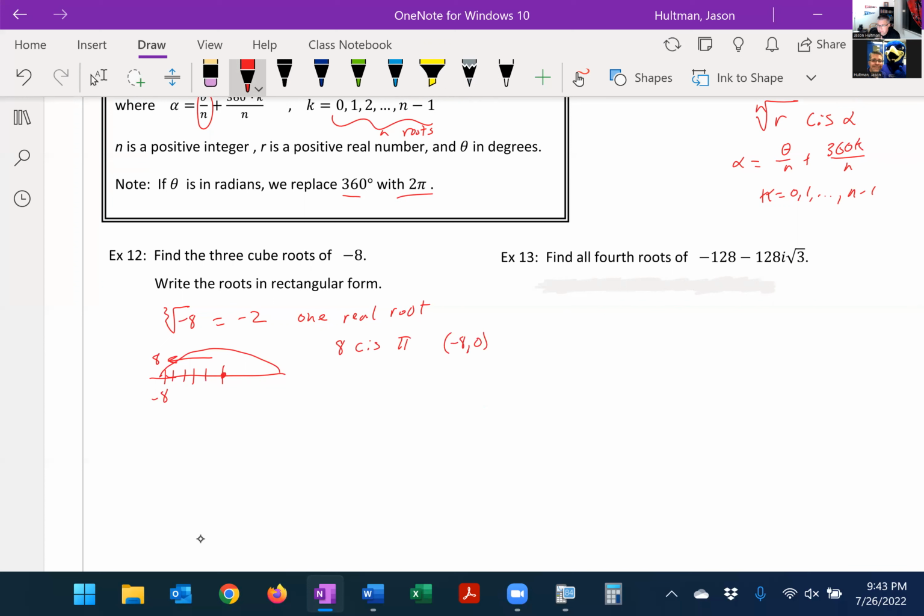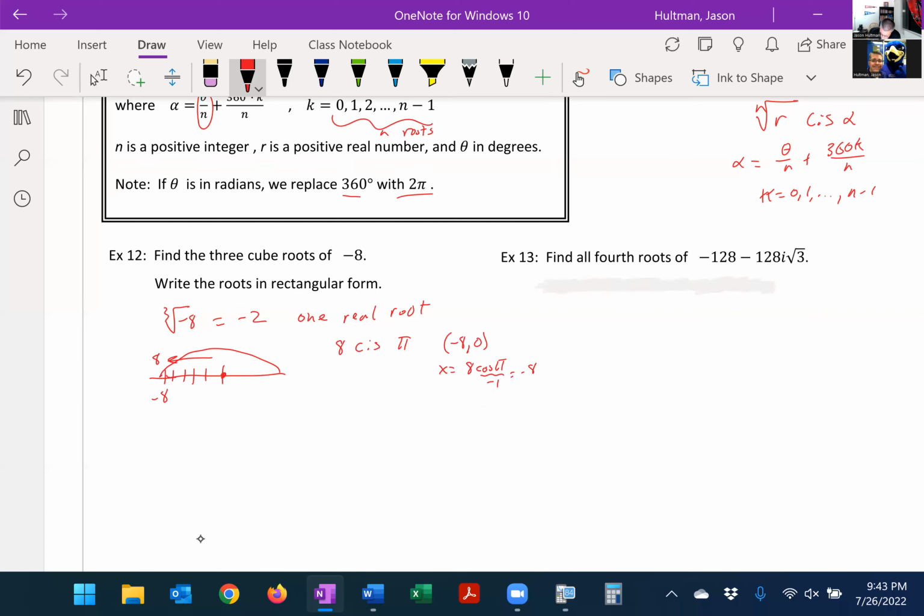If I were to plug that in, x is equal to 8 cosine pi, and cosine pi is negative 1, so that becomes negative 1 times 8, which is negative 8.